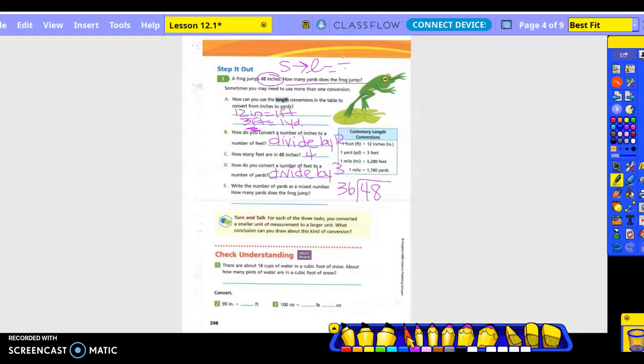So how many times is 36 going into 48? 1. So minus 36. You're left with 12. So then we write that as a mixed number. So that becomes 1 and 12/36. Is that simplified? No. That becomes 1 and 1/3. So 1 and 1/3 yards.